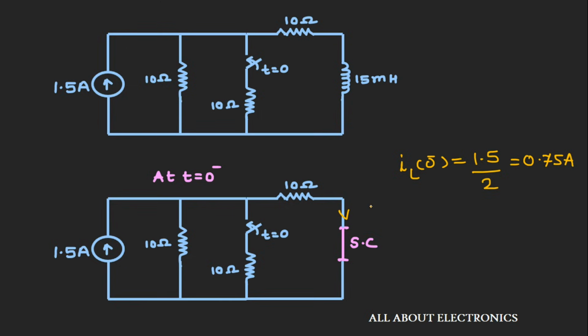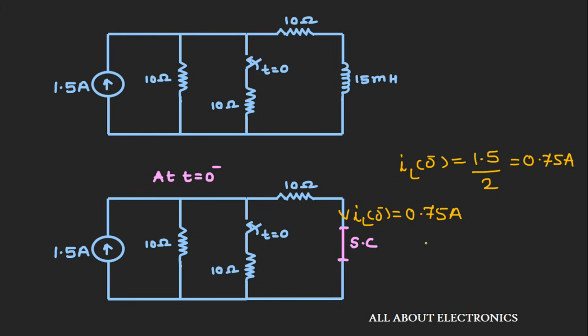So the current flowing through this inductor at time t is equal to 0 minus is 0.75 ampere. As this inductor opposes the instantaneous change of current, this 0.75 ampere current will continue to flow through this inductor at time t is equal to 0 plus as well.